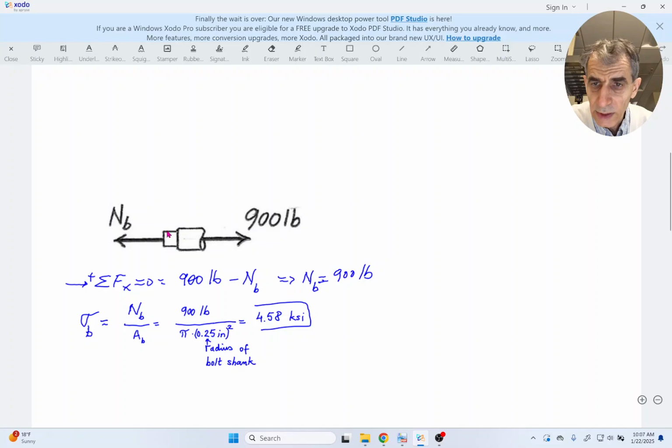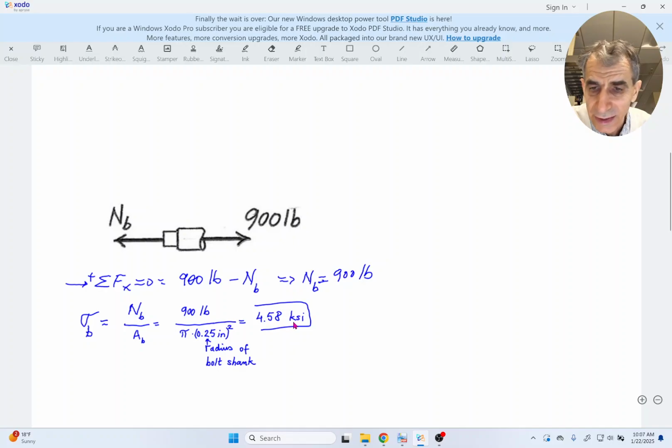The area, being a circle, is pi r squared, and I usually put r when it's very simple, so half the diameter is a quarter of an inch, the radius. So again, we do the same ratio and find the stress in the shank of the bolt.